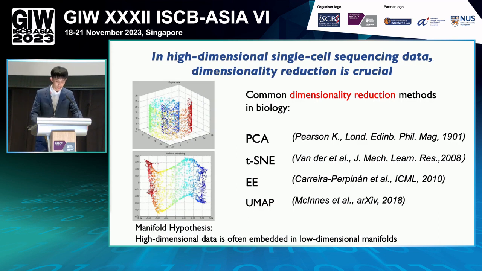Single-cell sequencing data has high dimensionality, so dimensionality reduction is crucial. In this field of biology, common dimensionality reduction methods include PCA, t-SNE, UMAP, and more.